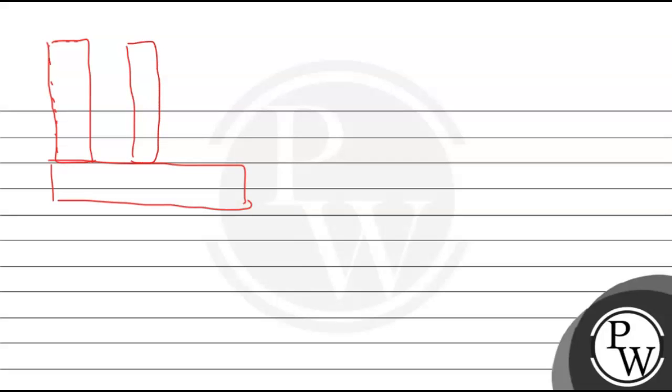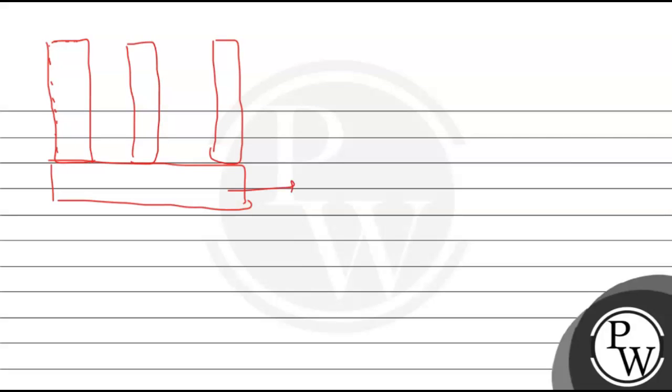In this experiment, we keep one bar horizontally and the other bar is kept for the first time at one extreme, next time at the middle, and the third and last time at the other extreme of the bar.